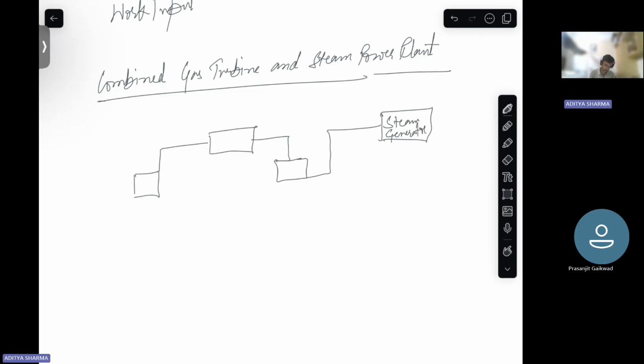Let's say this is your compressor, this is the turbine, and this is your combustion chamber. From here the exhaust goes to your steam generator, and then here you will have a steam turbine.